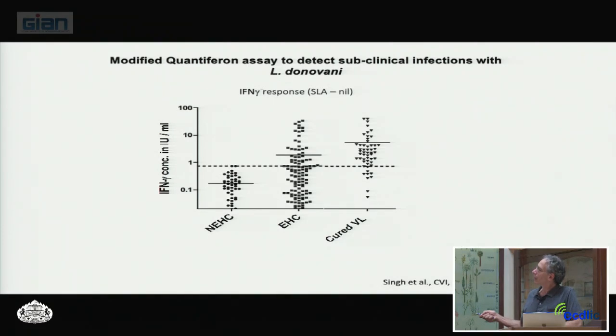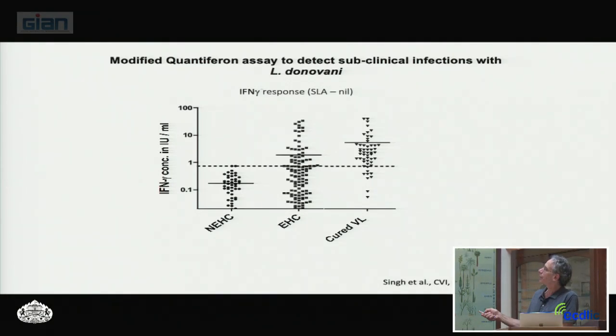The fact that they're making interferon gamma and they're healthy suggests that they really have been infected, but made the right kind of response to keep them healthy and control the infection. So that assay worked pretty well for identifying these subclinical infections.